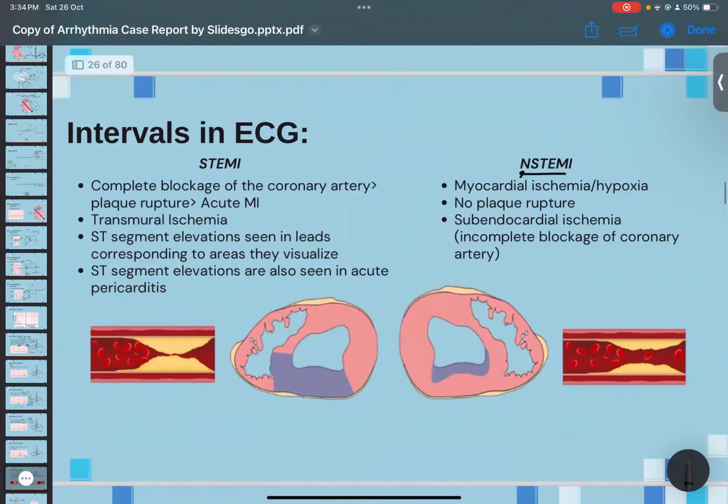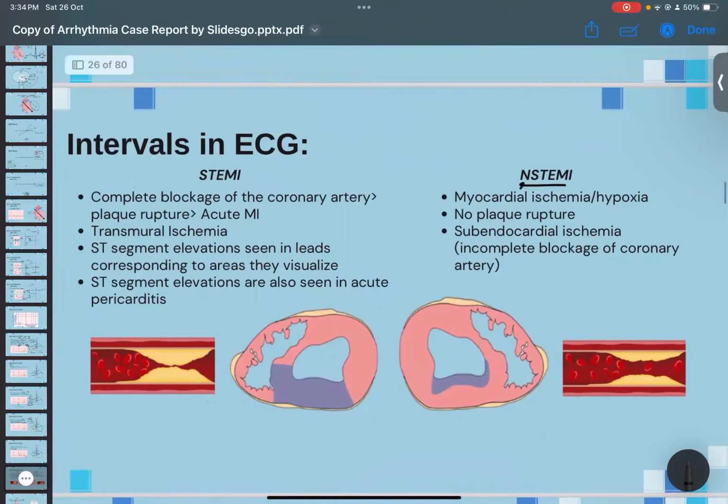Basically, in STEMI there's a complete blockage of the artery. And because there's a complete blockage, your blood isn't able to flow. And obviously, when your blood isn't able to flow, the myocardial cells just die off. They get infarcted. And in this case, the infarction is a transmural infarction. So the entire thickness of your myocardium gets infarcted, mainly because there's complete blockage.